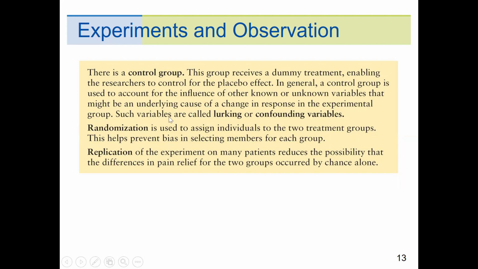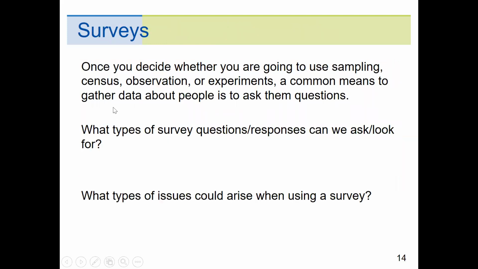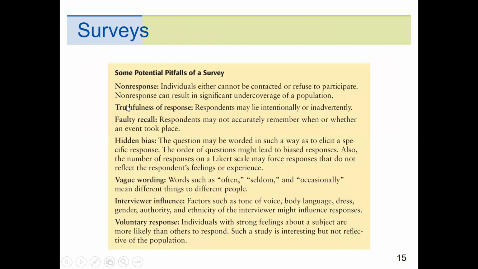Those variables are called lurking or confounding variables. And again, they can show up by things that we didn't account for in our control group. Okay, now a lot of talking, I know.